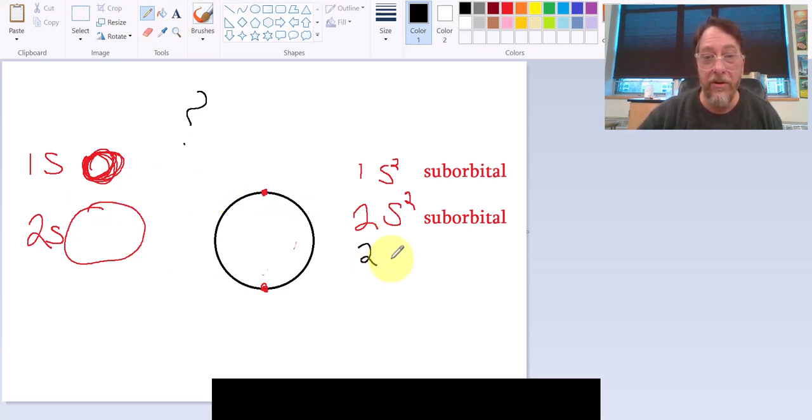We would call this 2p suborbital because it's set within, and it's a different shape. Let me see if I can draw this here. It's like a figure eight, and it goes a little bit outside of the s orbital.